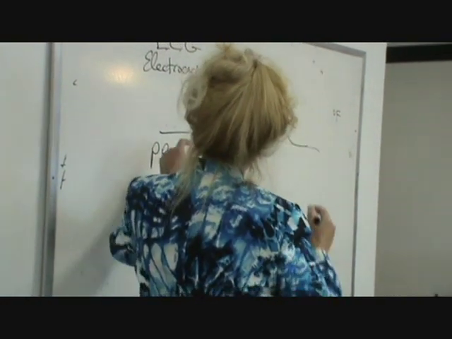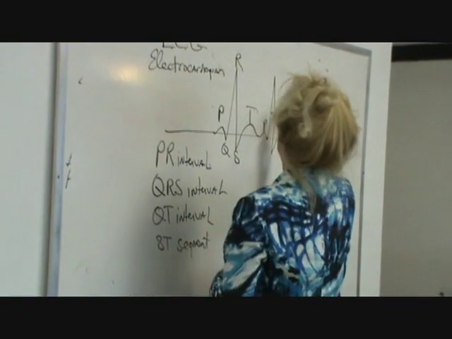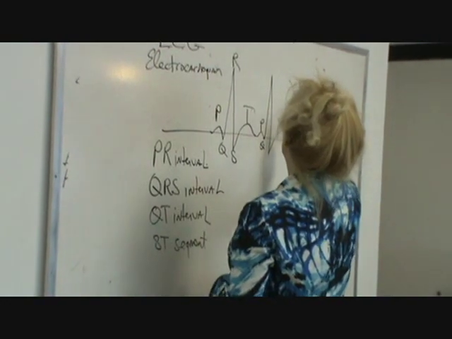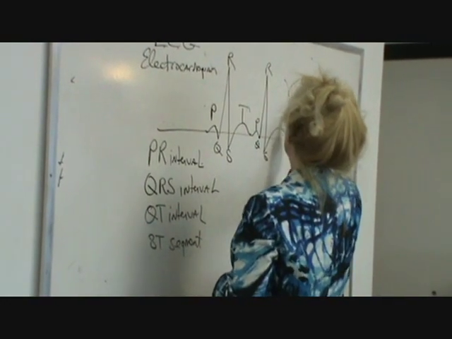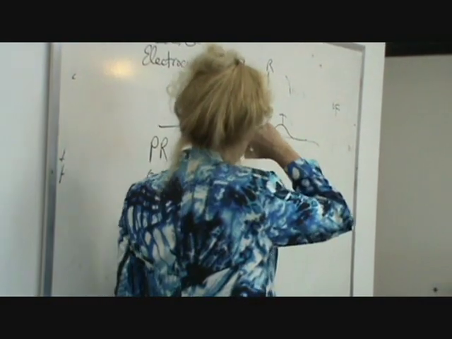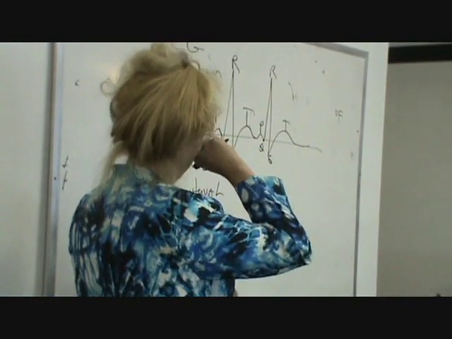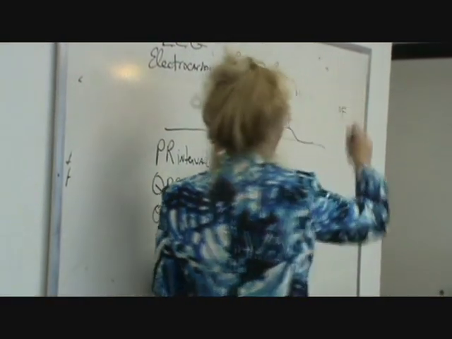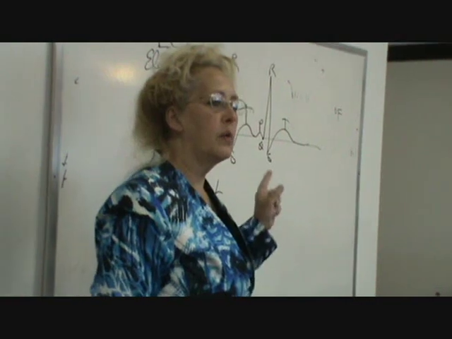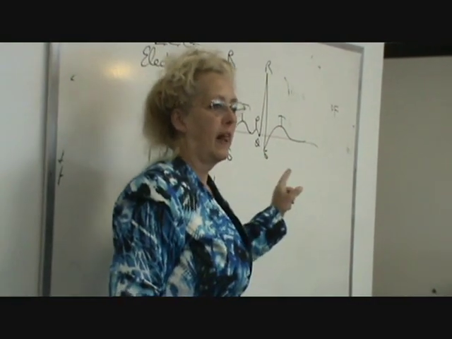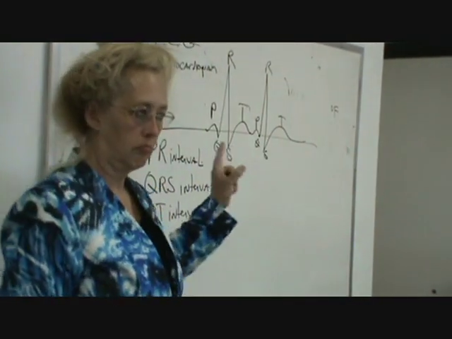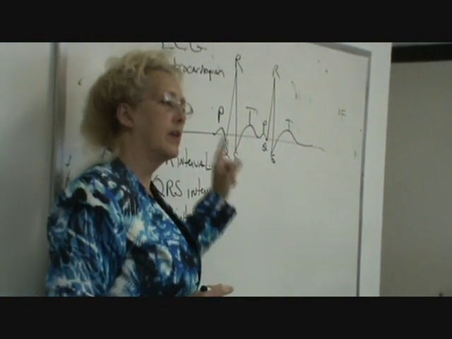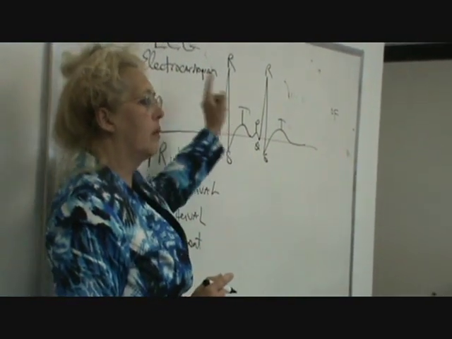If I take a look, P, Q, R, S, T, they should look pretty much the same if it's a normal rhythm. In other words, if there's a P wave for each of my QRS waves, then I know the beat is being driven by the SA node. It's an atrial rhythm if there's a P wave for every QRS.